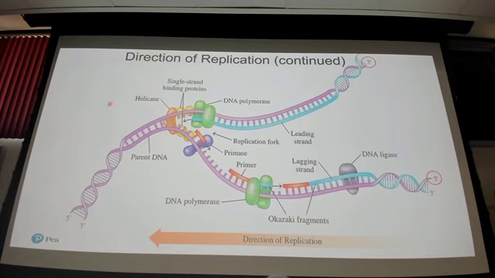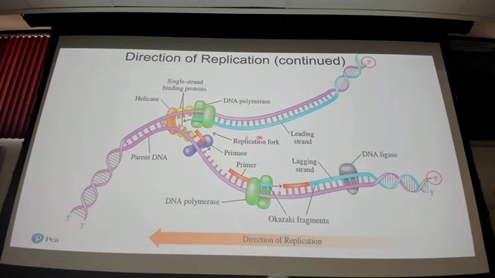That's the enzyme that's catalyzing the splitting of the double helix. Then 2 would be the single strand binding proteins. And 3 would be the DNA polymerase, which is coming along behind that, correct? This is traveling from the 5' to the 3' direction.